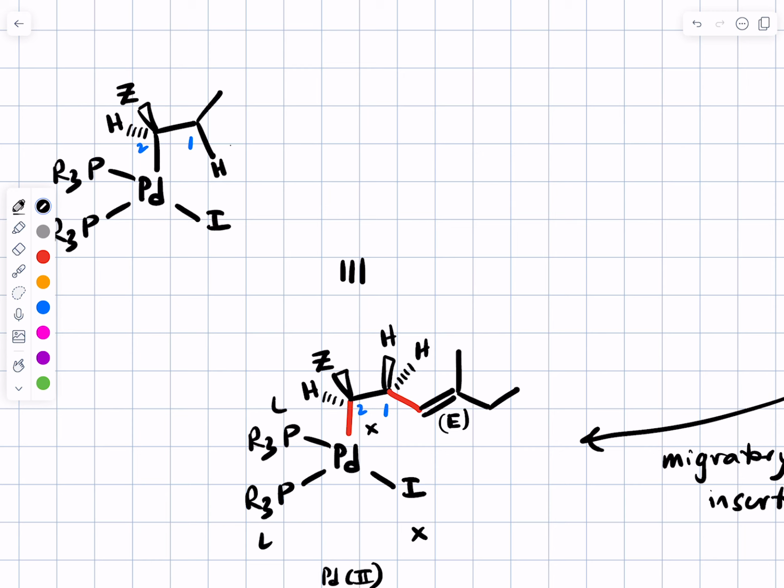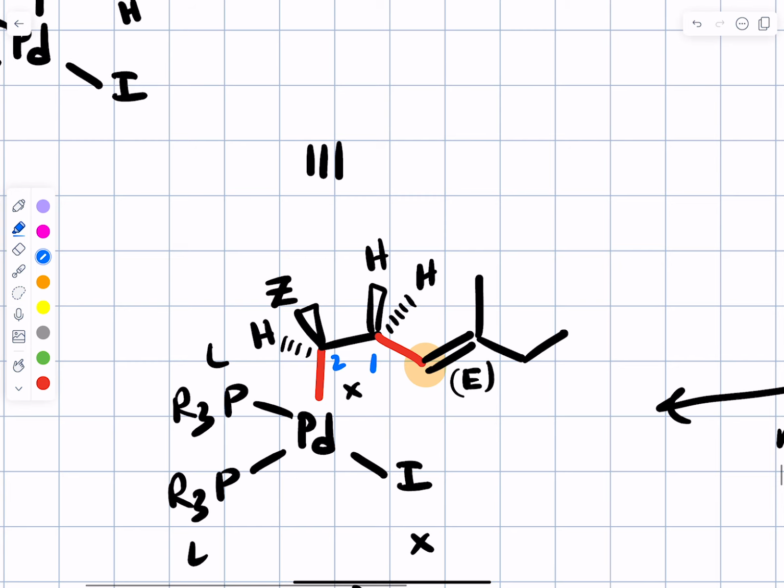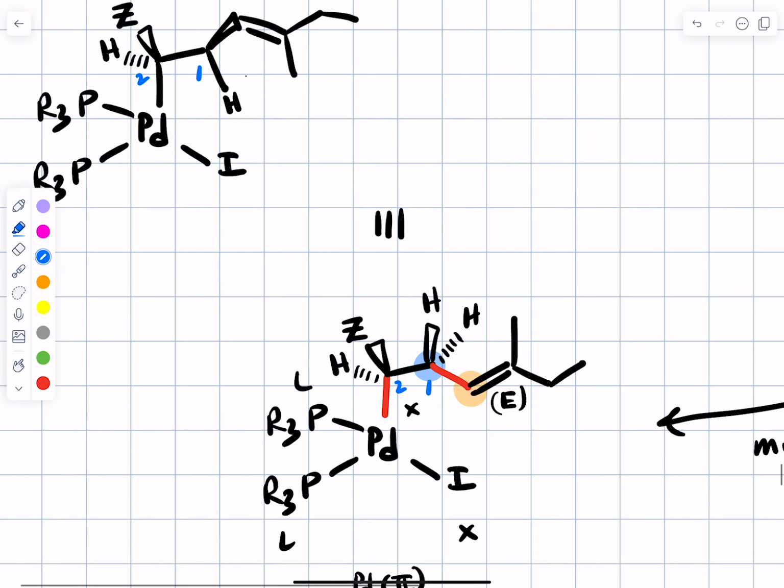In one of these options, the orange vinyl carbon, I'm going to label what was the halide carbon on our vinyl group and what was the terminal carbon on our olefin. I'm going to continue that labeling here.